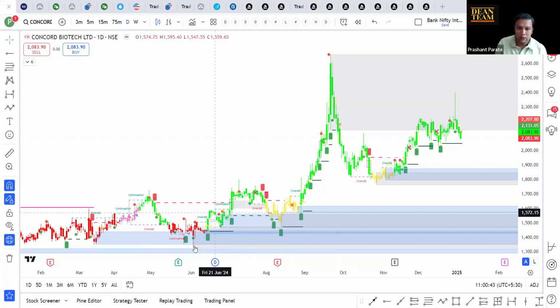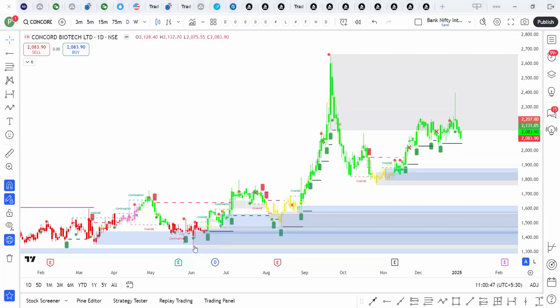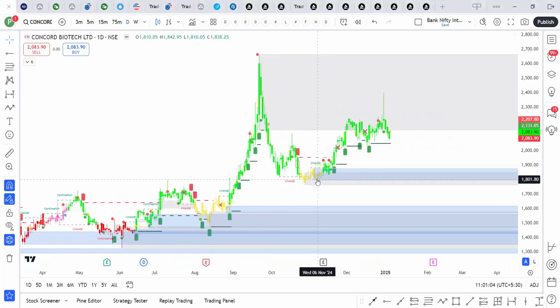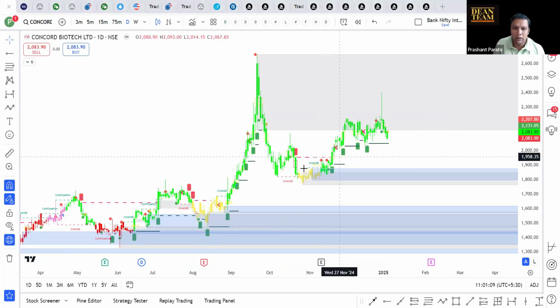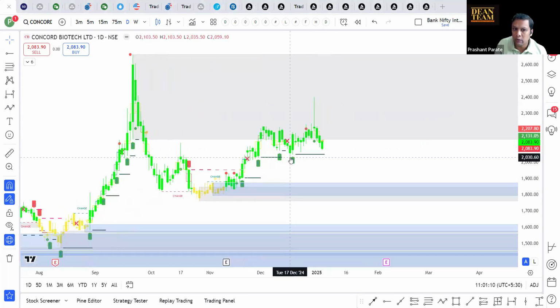Ketan sir, you have a question? In that book that was suggested, the difference between accumulation and distribution is a volatility pattern. Accumulation is a low volatility pattern, whereas distribution is a high volatility pattern. I don't know which book you are talking about, can you tell me the name?